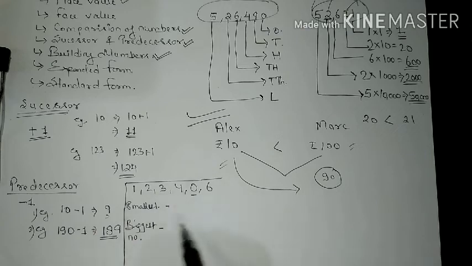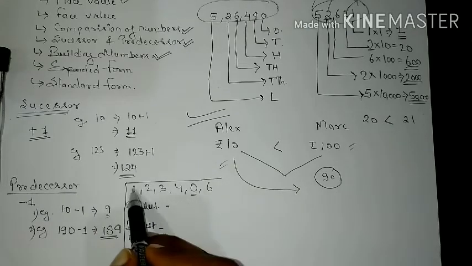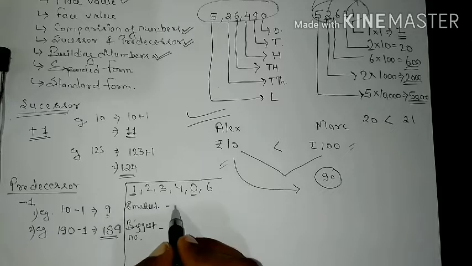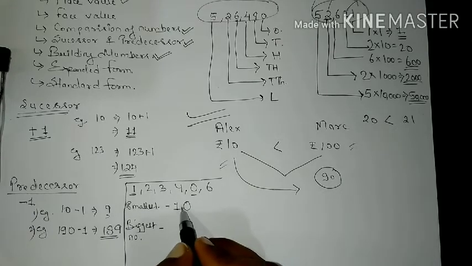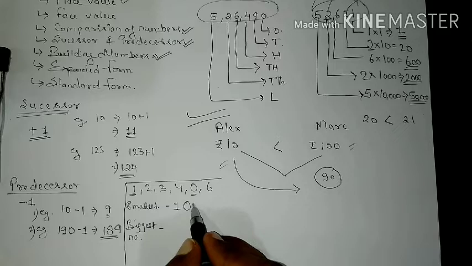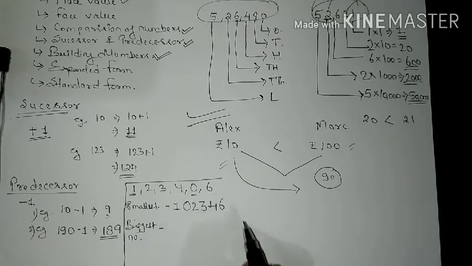So after 0, which one is the smallest digit? That is 1. So you can write 1 and then 0. Then after that, the smallest digit is 2, then 3, then 4, then 6. So this will be the smallest number.